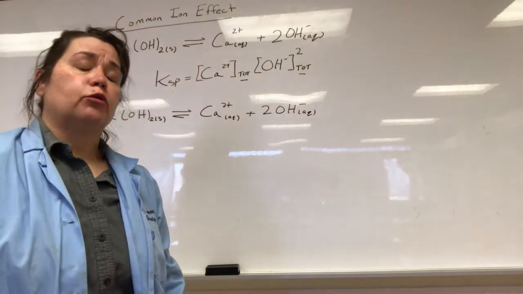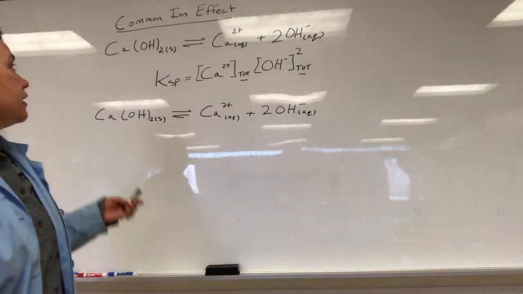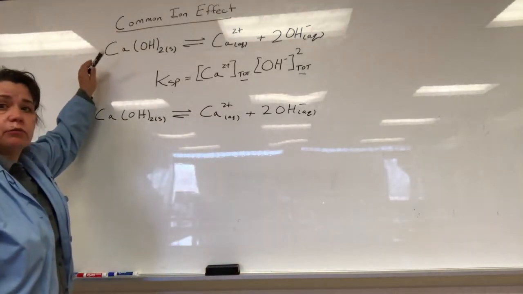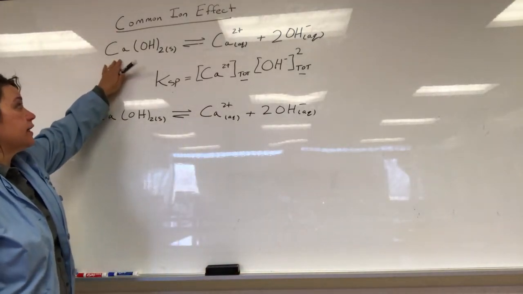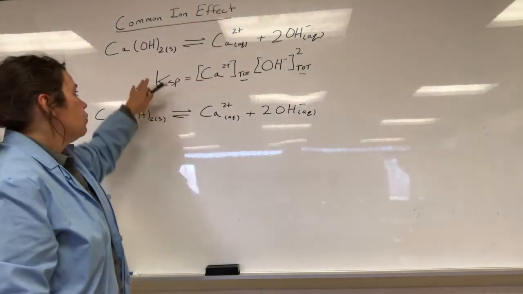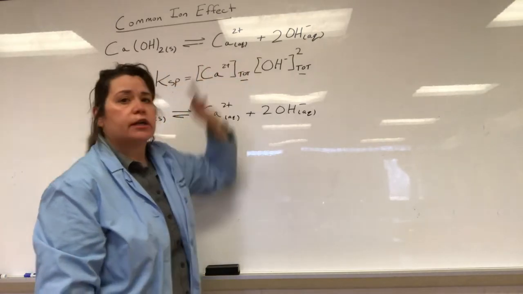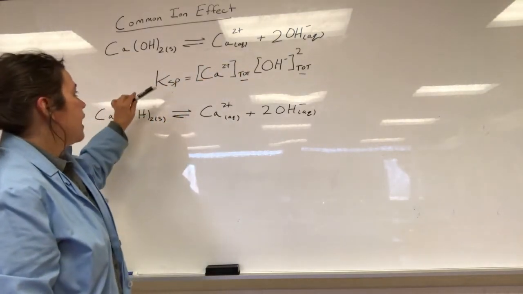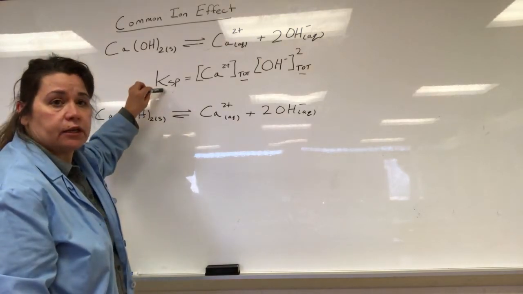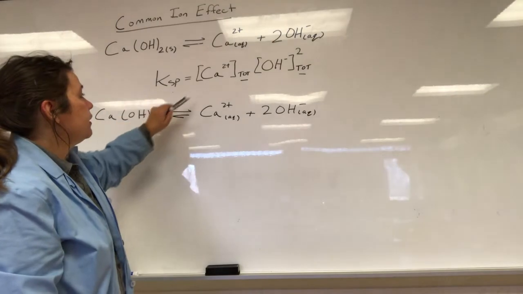Today's experiment we will be exploring the common ion effect using the solubility equilibrium of calcium hydroxide as it dissolves into a solution. So we know that for a solubility product equilibrium, the Ksp, the equilibrium constant that governs this reaction, can be calculated in a normal way.